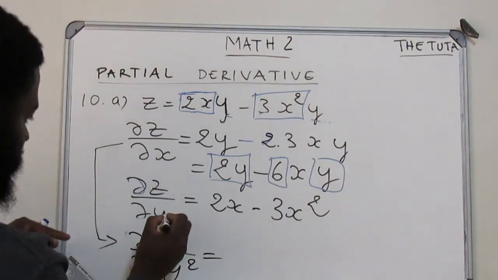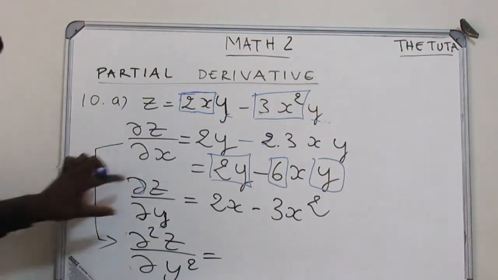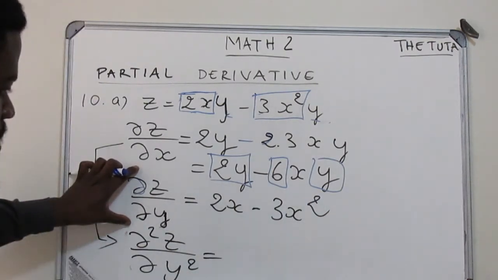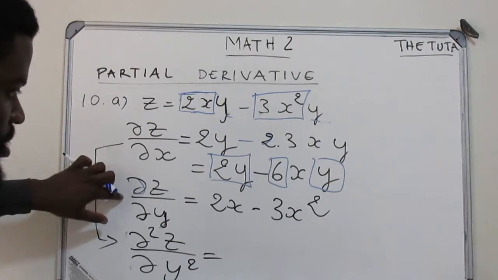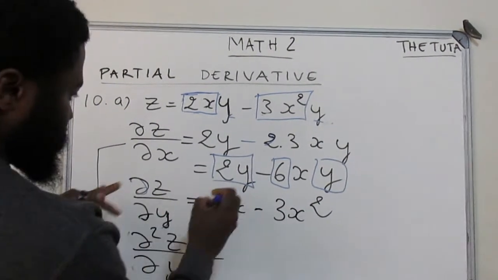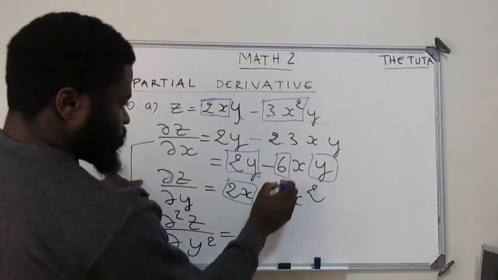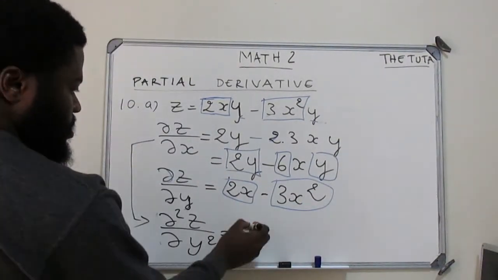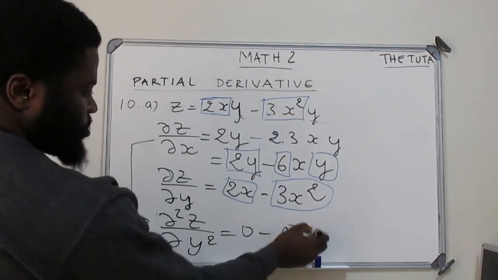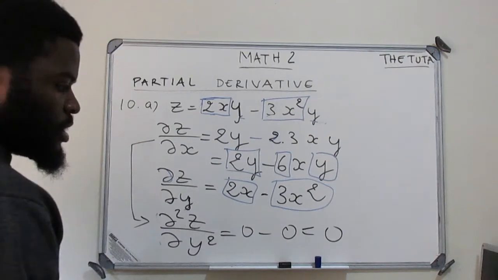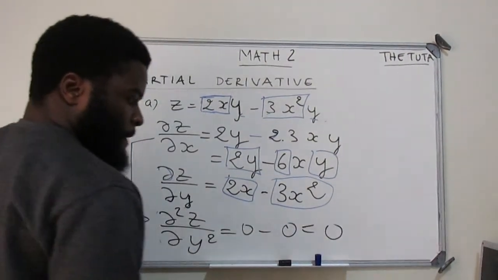Now we look at the first partial derivative with respect to y, and we regard x as our constant. As you can see, this 2x is a constant here, and as well this one is a constant. So the derivative of each is 0, and finally the answer is 0. So this is what needed to be done here.